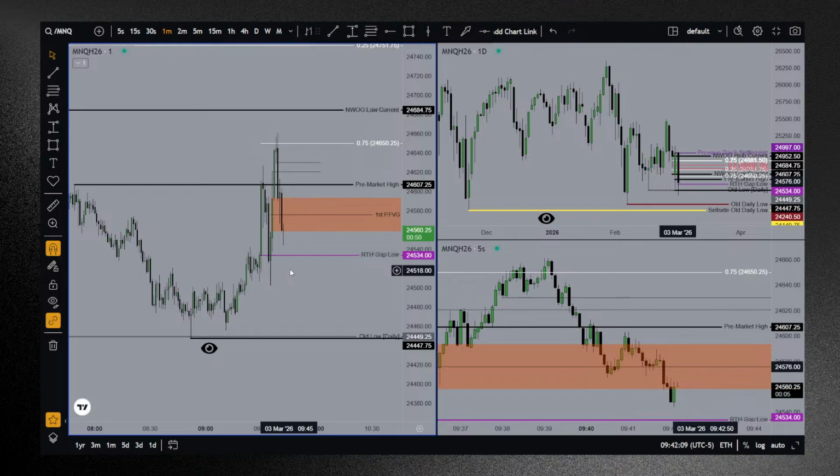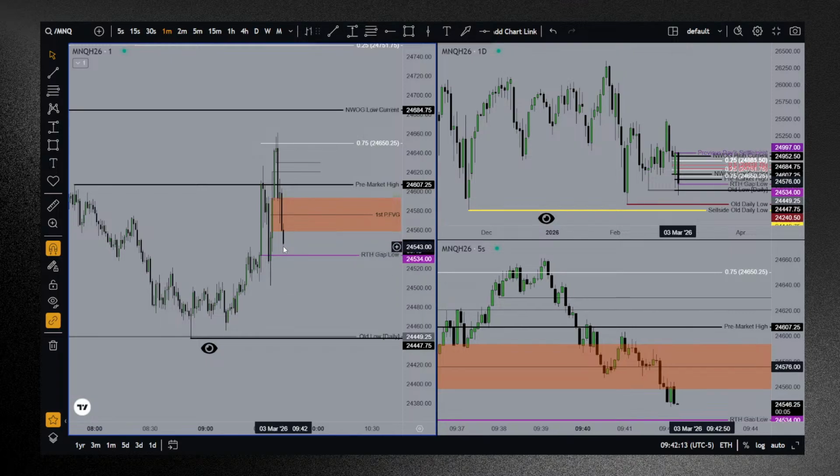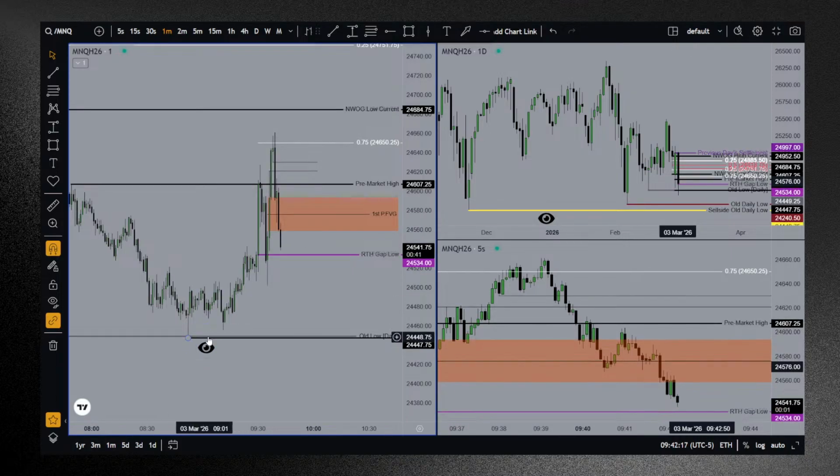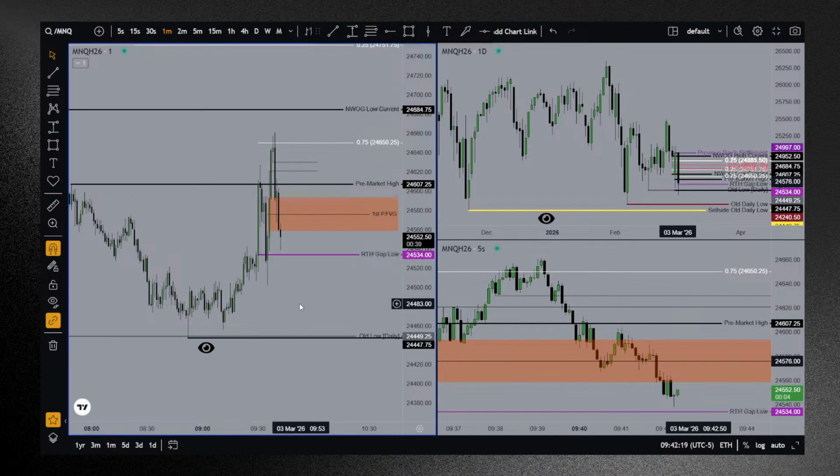Let's see. So we traded outside of this first printed fair value gap. That's great to see. I'm still watching the lows right there.